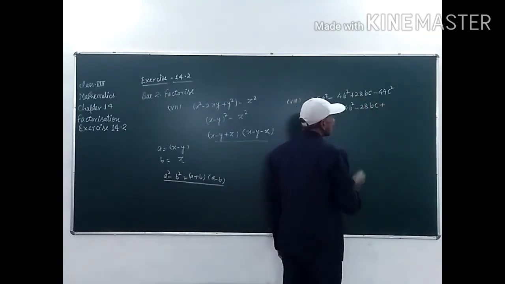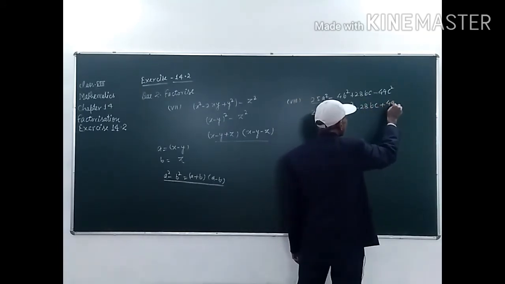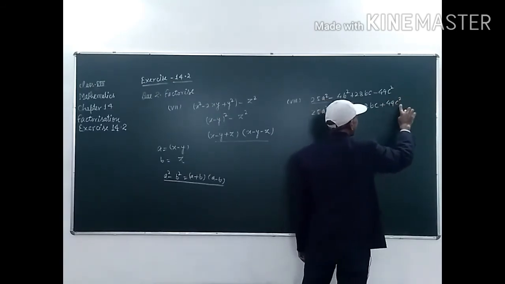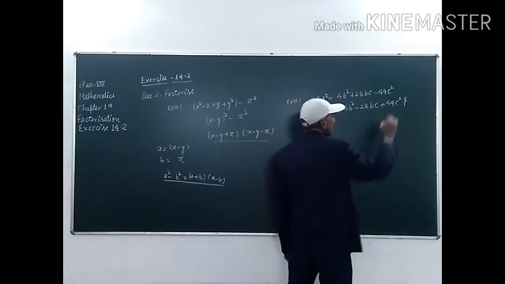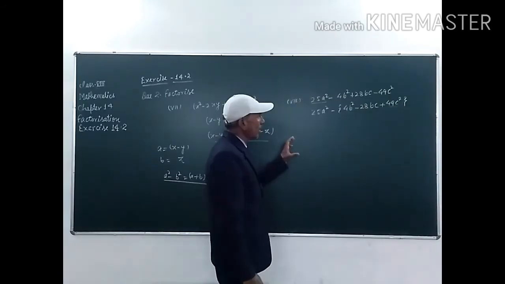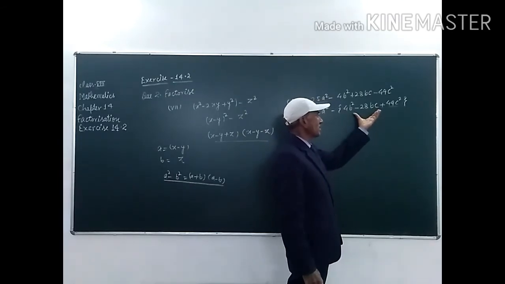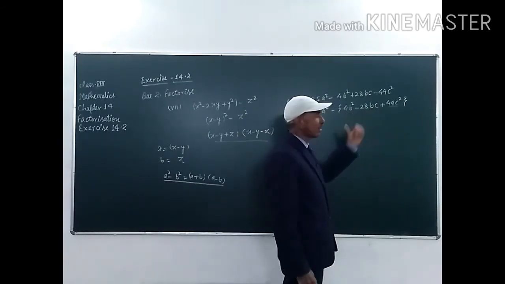28bc plus 49c square. Now, we have to solve this expression first, which is in bracket.